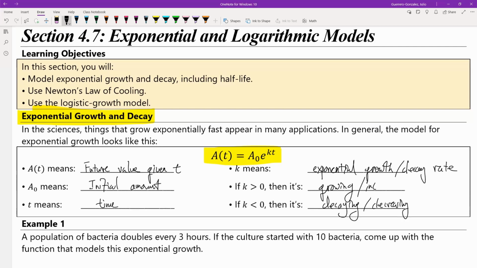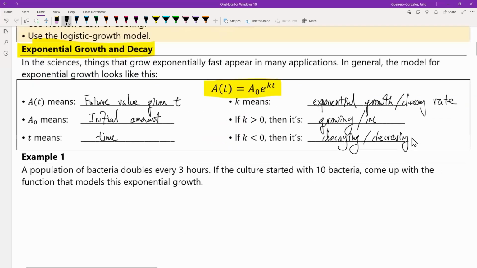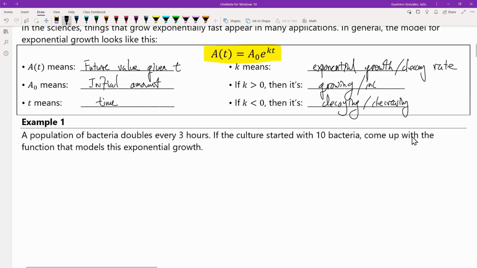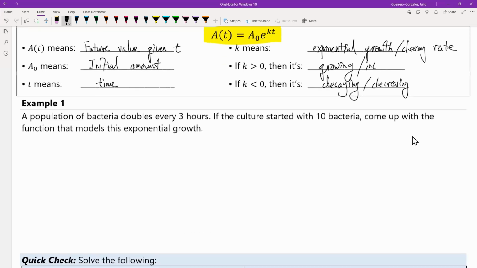All right, so to show you how important this stuff is, this is something that happens fairly regularly in biology. Let's say you had a population of bacteria that doubles every 3 hours. If the culture starts with 10 cells of bacteria, come up with an exponential model that models its growth.